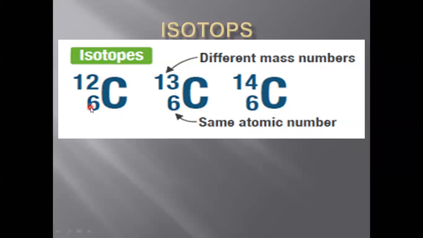You agree with me? 6 refers to the number of proton, so they have the same number of proton, of course, and different number of neutron.